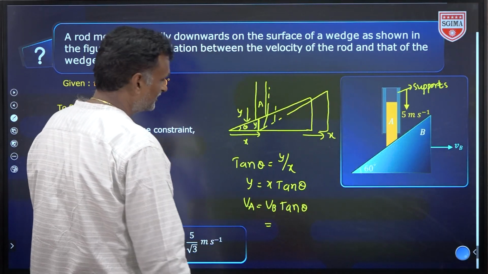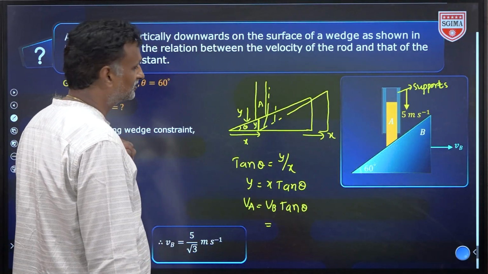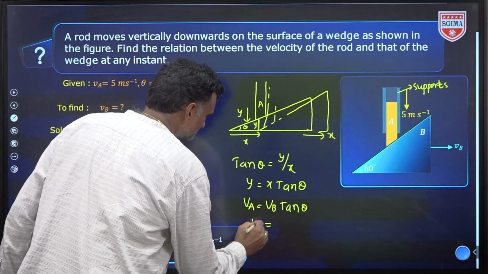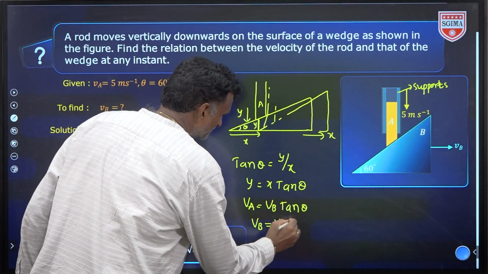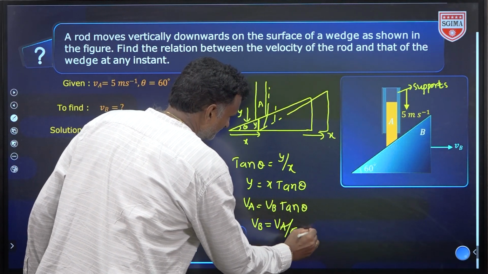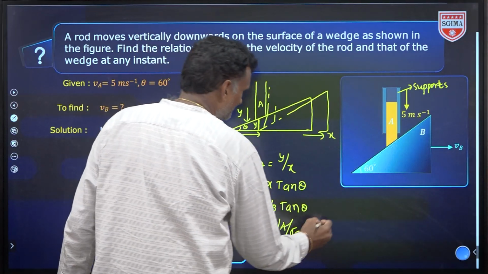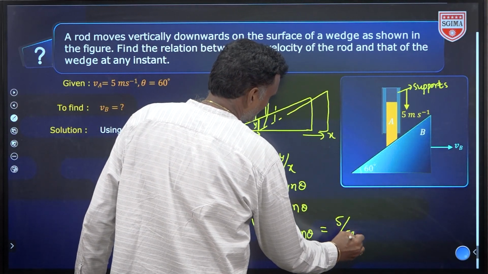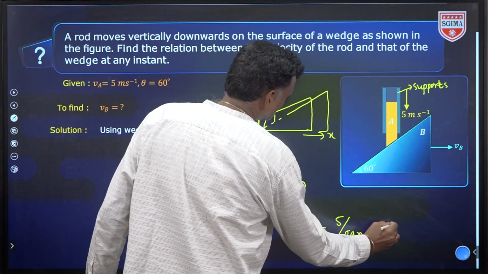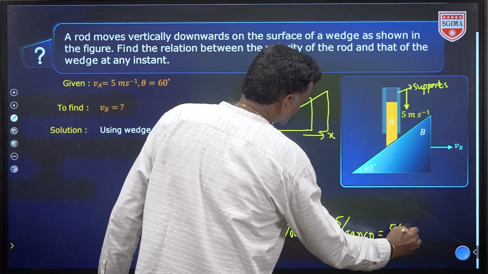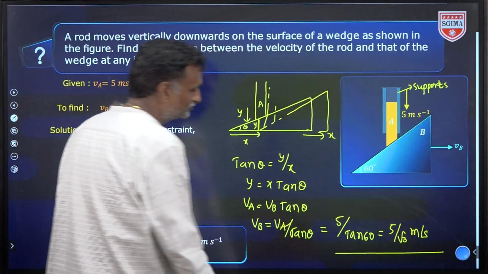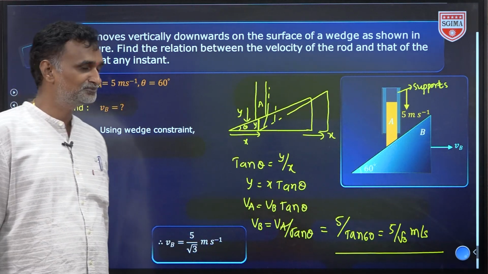Okay? Actually VB only is asked, right. VB equals VA by tan theta, where VA is given 5 and theta value 60. So finally 5 by root 3 meter per second, like this we can get. Okay?